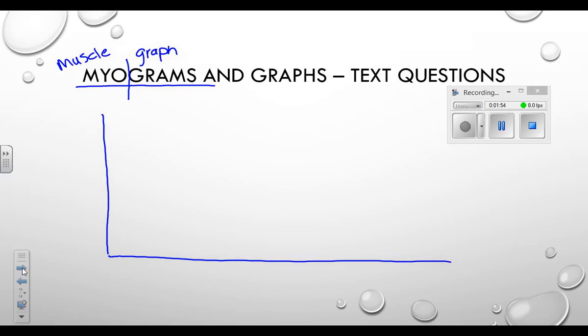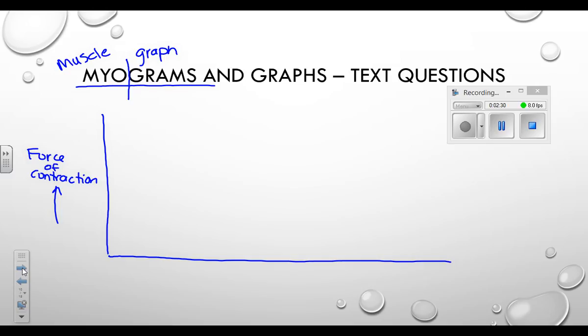So the first thing that we'll draw is a graph of a very typical skeletal muscle when it's contracting. The graph will represent one twitch or one contraction of your muscle. Now when you're drawing a graph, it's really important to always recognize what is on each axis. On the y-axis, we have force of contraction, and I put an arrow going upwards to indicate it's going from a small number to a big number.